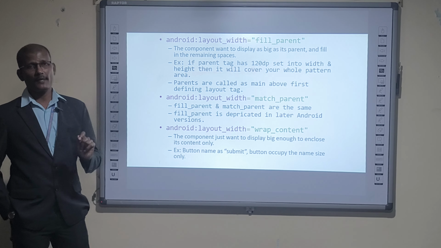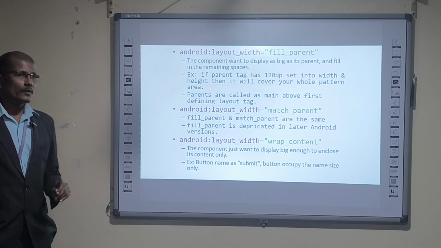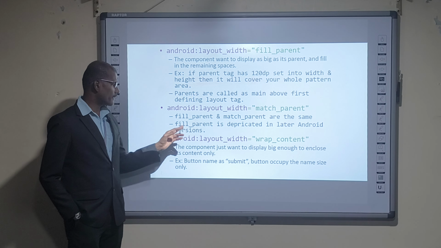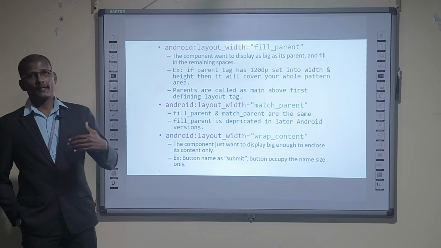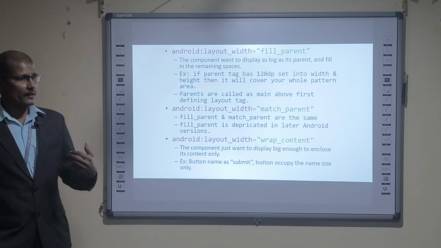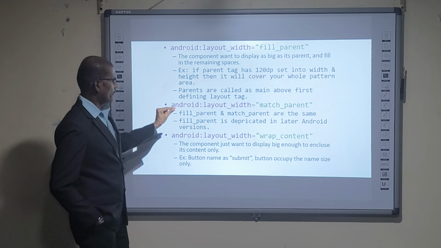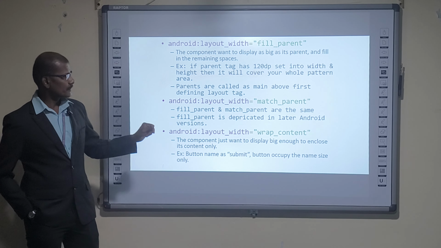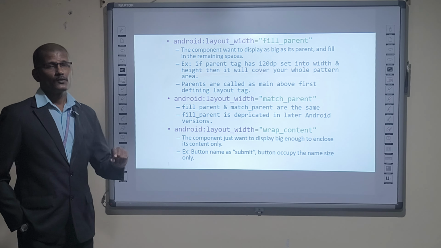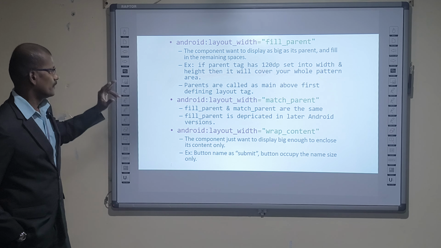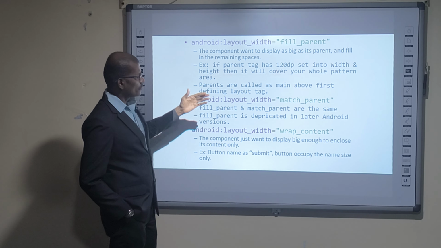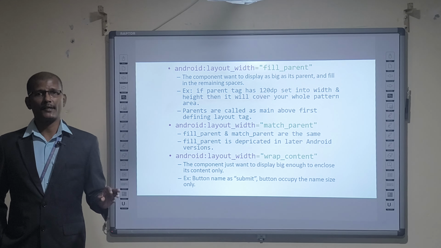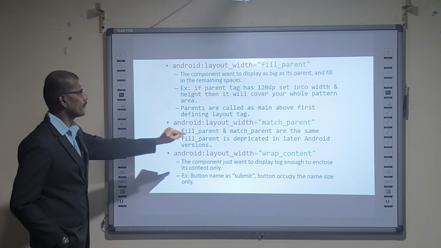Fill parent and match parent are nearly the same, differentiated only by versions. In later versions, after Android version 9.0, for width and height they use match parent only. Earlier versions used fill parent, and the recent versions omitted the fill parent attribute and started using match parent.